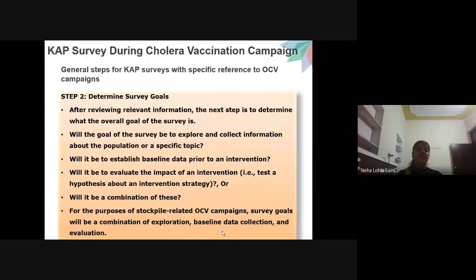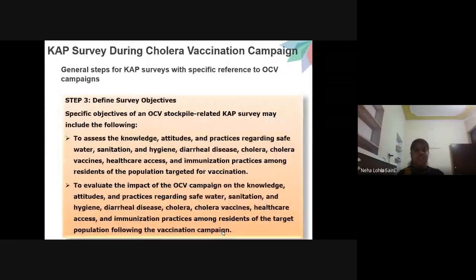Then we have defined survey objectives. Specific objectives for this particular oral cholera vaccination stockpile may include two objectives I have noted down, girls: to assess the knowledge, attitude, and practices regarding safe water, sanitation and hygiene, diarrheal disease, cholera vaccines, healthcare access, and immunization practices among residents of the population targeted for vaccination.